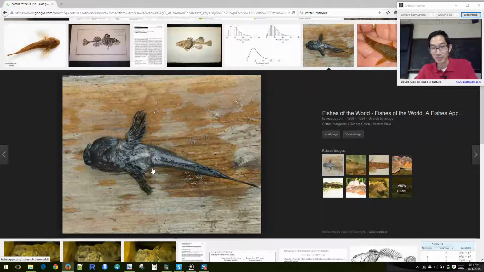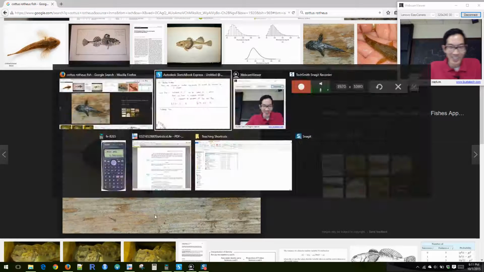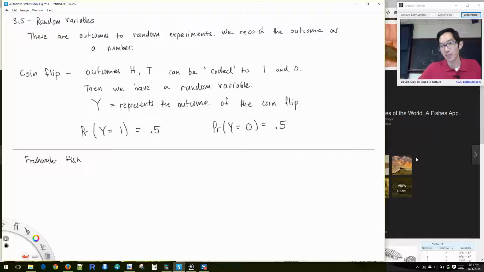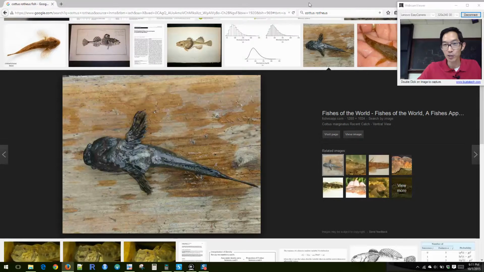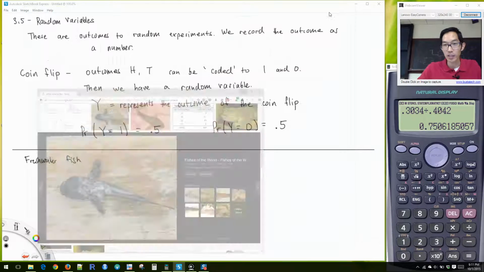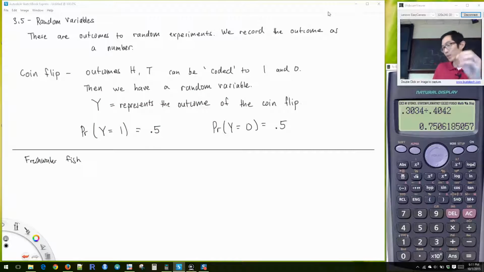Apparently these fish have a certain distribution, and when you pick a random fish in the water, this is why it's a random trial. The random part is that I'm selecting a random fish from the water. I'm not sure how we're getting random fish, but let's say we could.